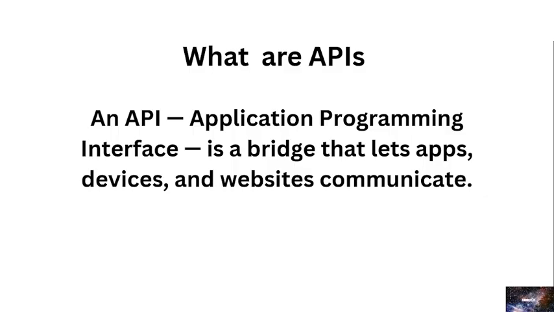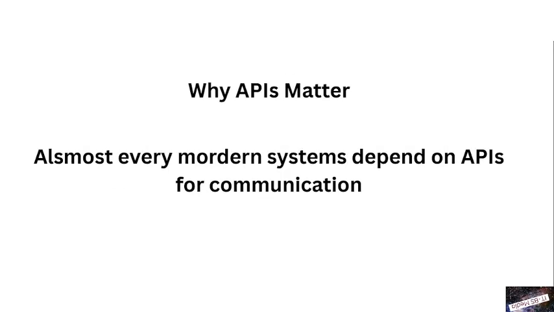So we move on to why APIs matter, and why you need to understand or have a knowledge of what APIs are and how they should be secured. So if you are in cybersecurity or you are a developer, obviously you need this knowledge. You are an auditor, you need this knowledge.